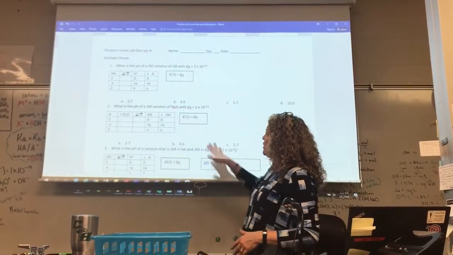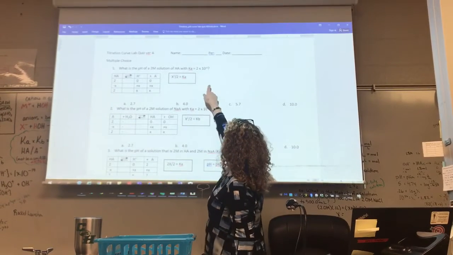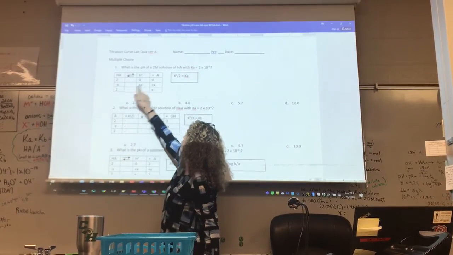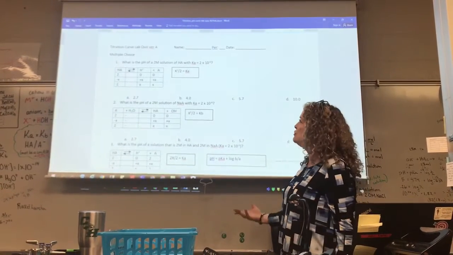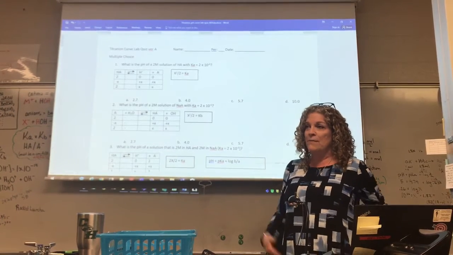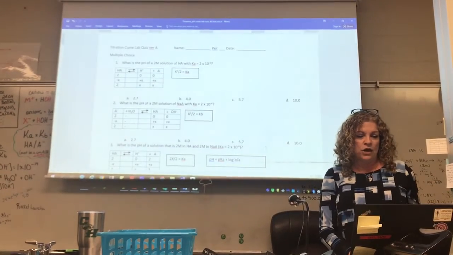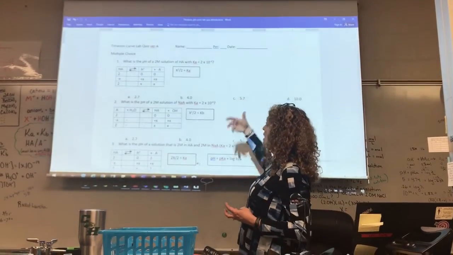So how do you do this quickly? You're going to have x squared over 2 equaling Ka. Your Ka is 2 times 10 to the negative 6. That should have been the math that you were doing. So then x squared equals 4 times 10 to the negative 6.